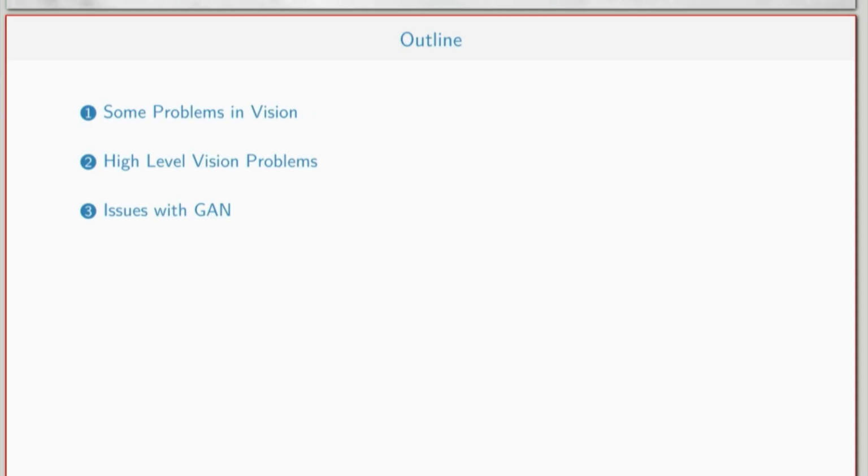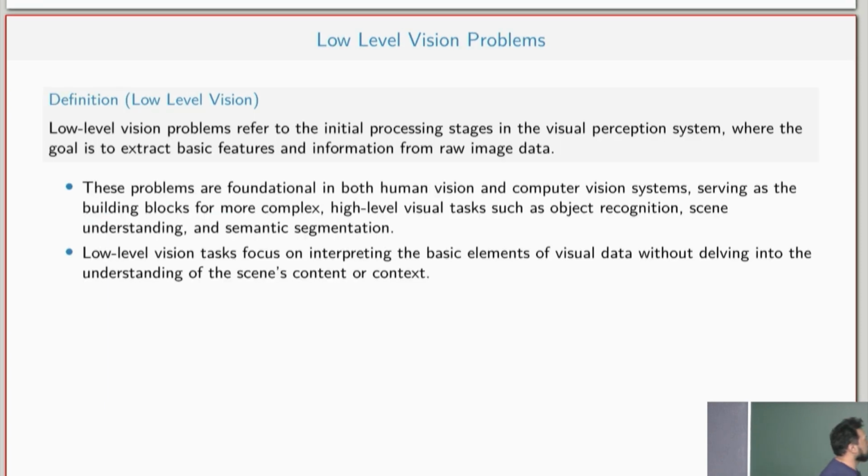Before we go there, since GAN as such is used mostly for images and also videos, it's good to know a little bit about problems we have in computer vision. We can broadly divide computer vision problems into two parts: low-level vision and high-level vision.